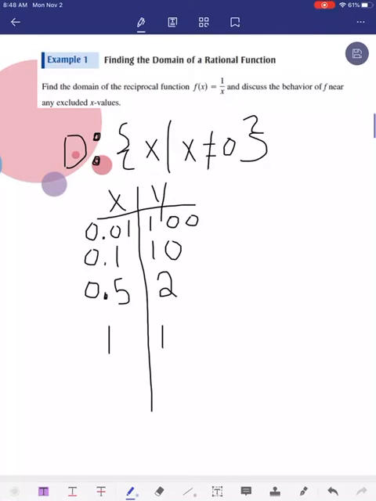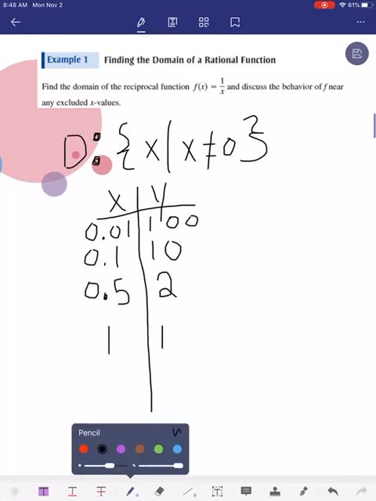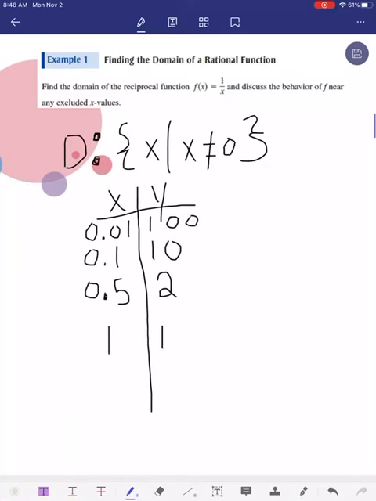We can get closer and closer and closer. And notice, as my x values are getting closer towards 0, my y values are going up towards positive infinity.